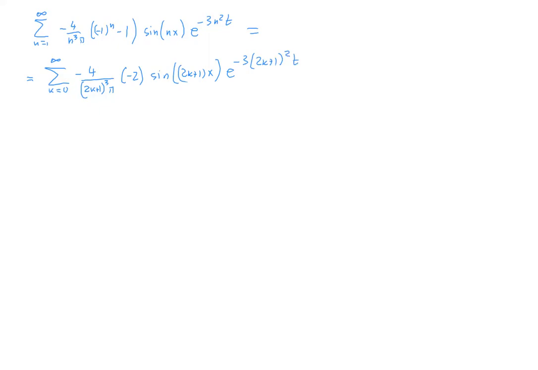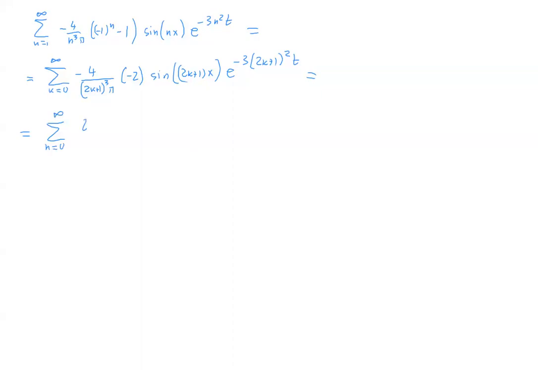And of course, this can be simplified a little more. First of all, note that k is irrelevant here. The index of summation is completely irrelevant here. So you can just simply have n again, back to n.